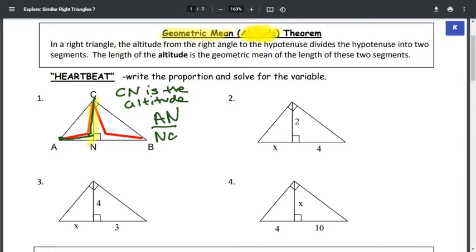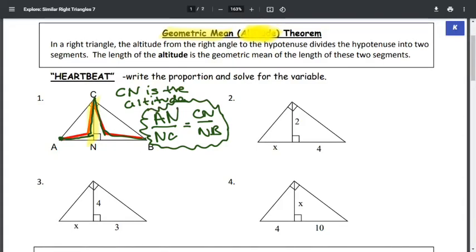Once we reach the top, we come back down like you would on a roller coaster, so that's going to be CN, and then we finish out the rest of the way, which is going to be NB. So this right here is going to represent the proportion that we're going to use to solve for our missing side.